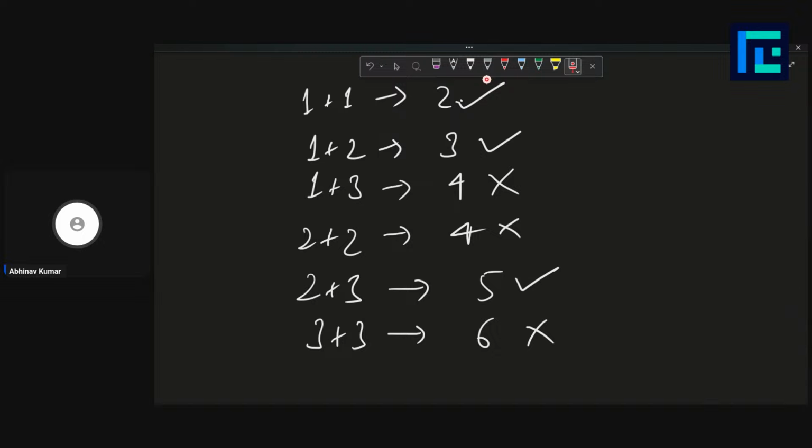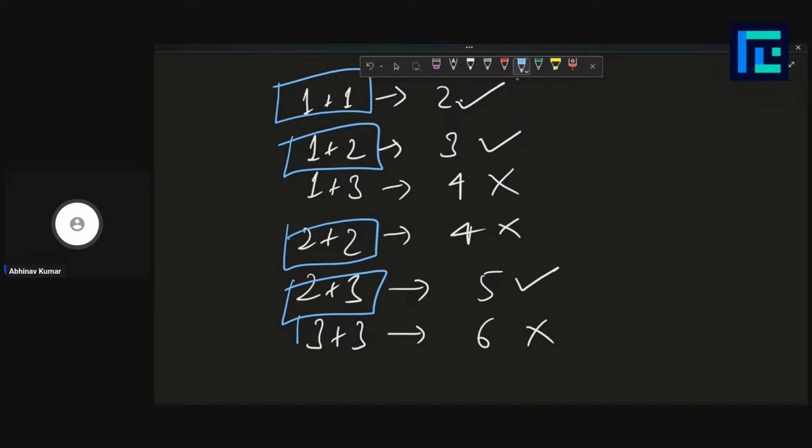Among these 6 possibilities, the valid ones where we get a prime number are 1 plus 1, 1 plus 2, 2 plus 2 and 2 plus 3. Sorry, not 2 plus 2, only 3: 1 plus 1, 1 plus 2 and 2 plus 3. These are the only 3 possibilities where we can get a prime.